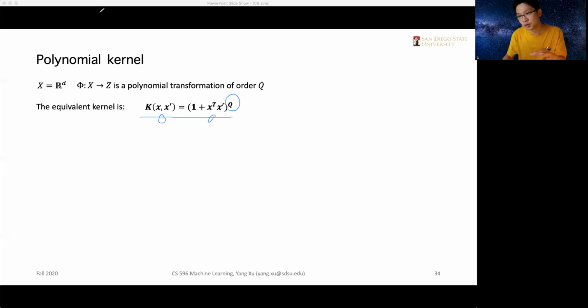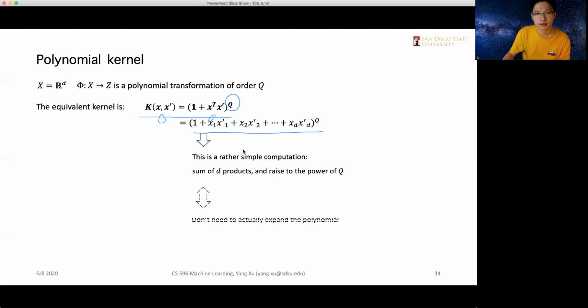But we don't need to know what the exact Z space is. Here we show that if we do this within a D-dimensional X space, this is a rather simple computation. It's just a sum of D products, and then raised to the power of Q. We don't need to expand the polynomial term, because we want some numerical results out of this kernel function.